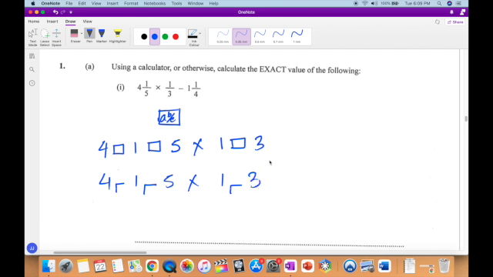And let me actually do that on my calculator now. 4, 1, 5 multiply by 1, 3. And the answer I got is 1, 2, 5. So this is a mixed number, 1 2/5. And so 1 2/5 now I'm going to minus.